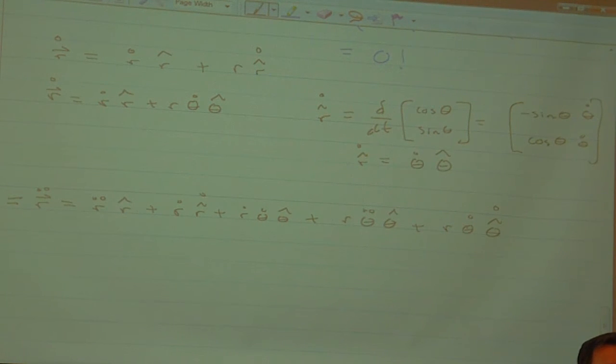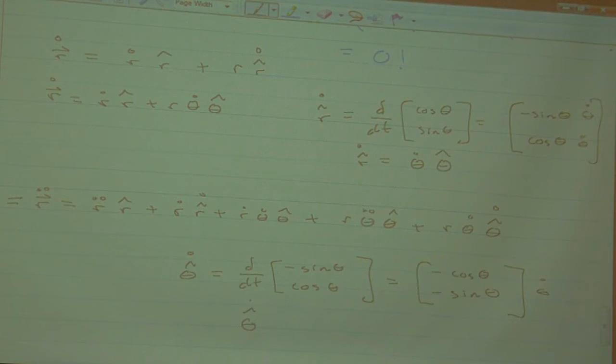First two terms are from taking the time derivative of r dot r hat. Last three terms are from taking the derivative of r theta dot theta hat. Theta hat dot is equal to d by dt of minus sine theta, cosine theta, is minus cosine theta theta dot, minus sine theta theta dot.